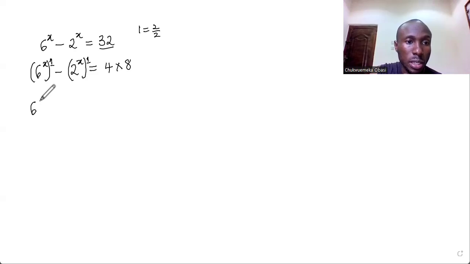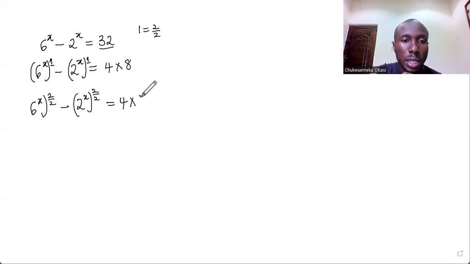So that becomes 6 to the x all upon 2 upon 2 minus 2 to the x all upon 2 upon 2 equal to 4 times 8. Because the idea is that this will make all of it turn out to be a difference of 2 squares.